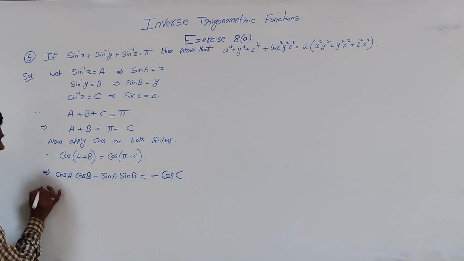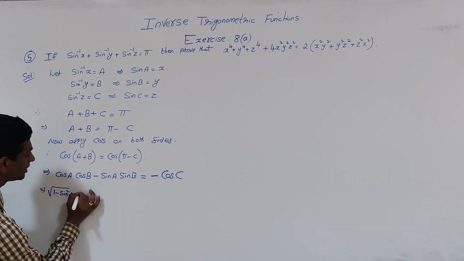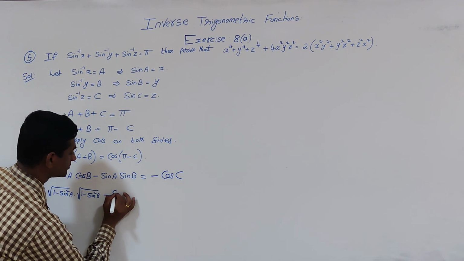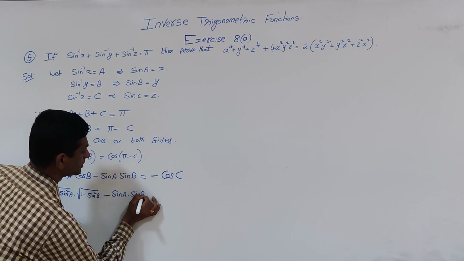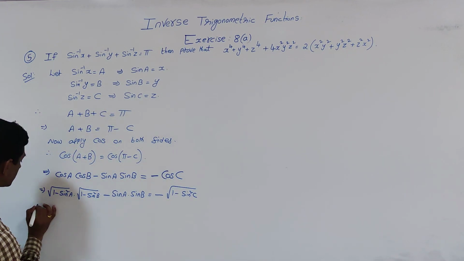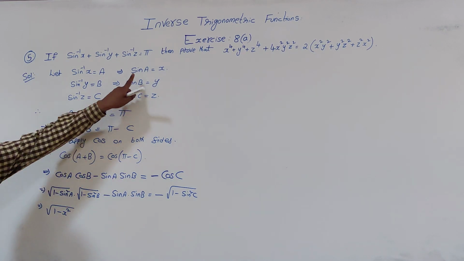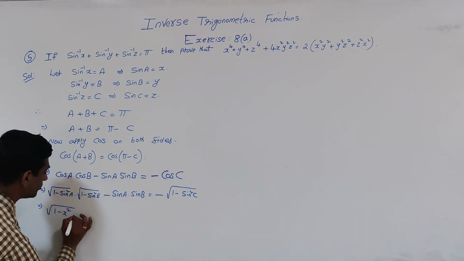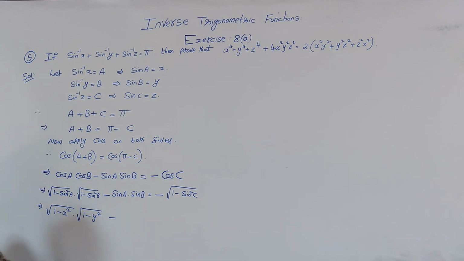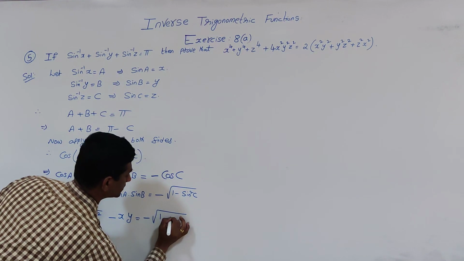So cos A will be under root of 1 minus sin square A into cos B under root of 1 minus sin square B minus sin A into sin B is equal to minus cos C, which will be under root of 1 minus sin square C. So under root of 1 minus x square, because sin A is x, into under root of 1 minus y square minus xy is equal to minus under root of 1 minus z square.